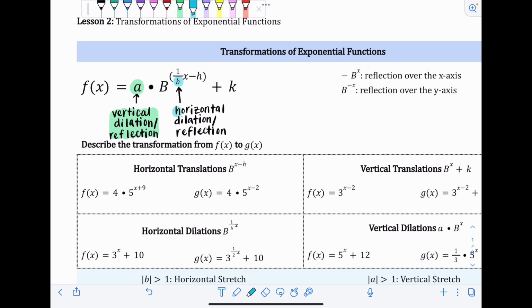So b is a horizontal dilation or reflection. b would be the stretch or compression scale factor. But just keep in mind the reciprocal of b does go into the function, so that's why there's a 1 over b here. And then h is our horizontal translation.